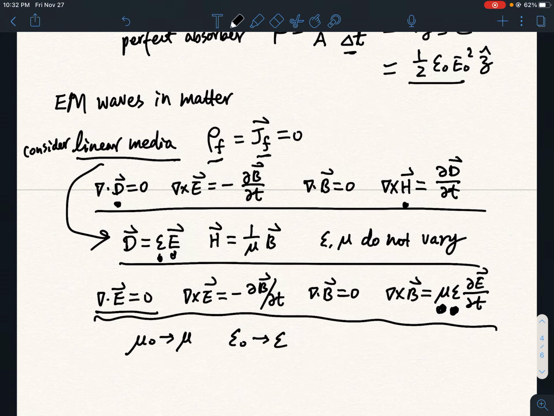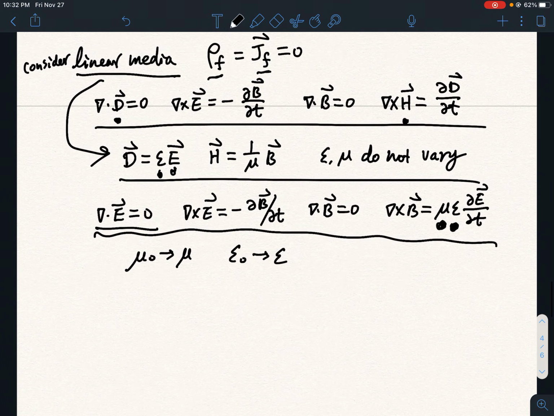So that really means the E and B will still satisfy the wave equations. The only thing is the wave speed: previously it was 1 over the square root of epsilon 0 times mu 0, and now the speed is 1 over the square root of epsilon times mu. We can define that as c over n.